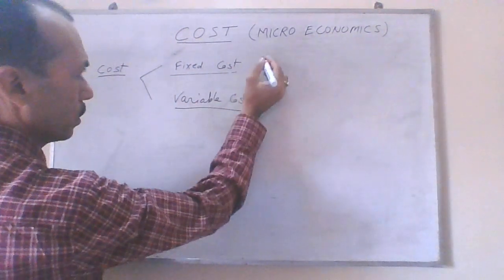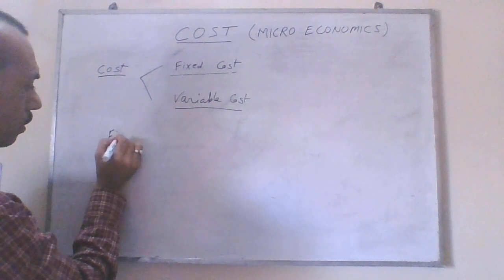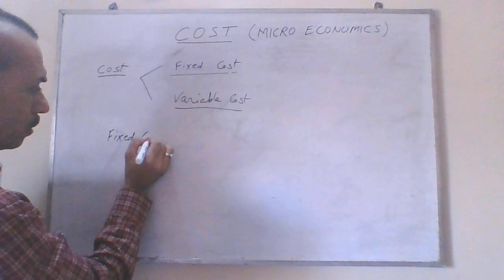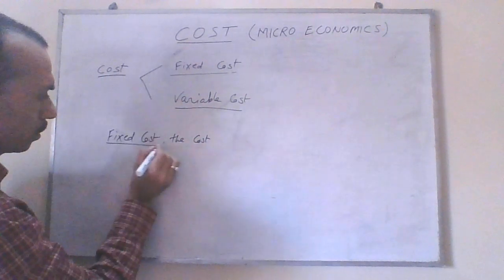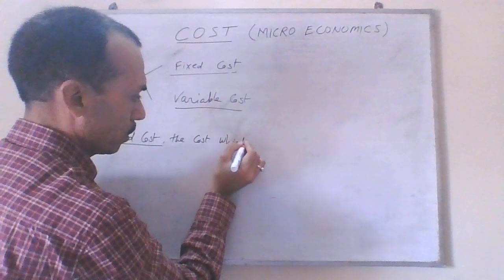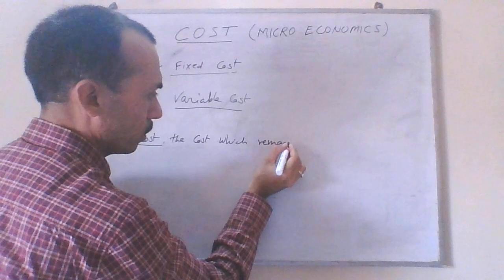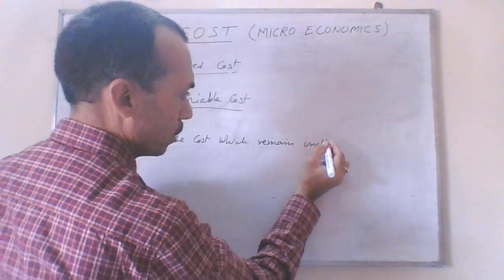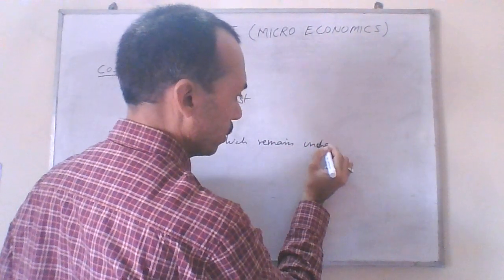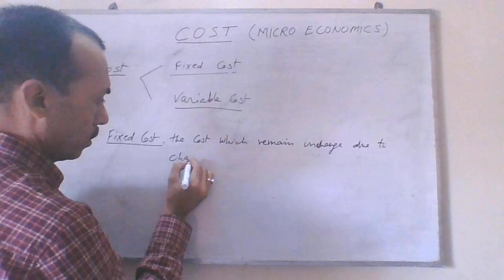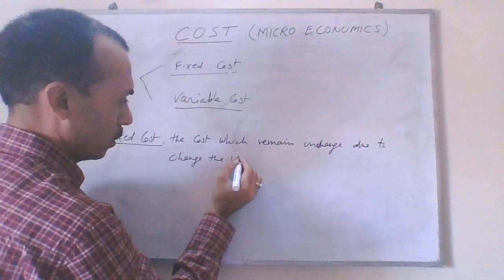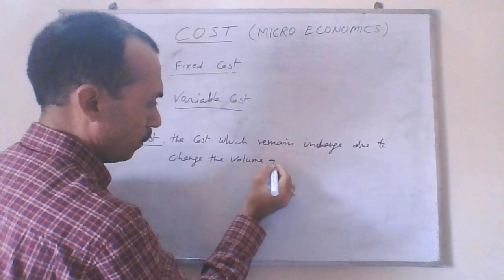So fixed cost is the cost which remains unchanged due to change in the volume of output.